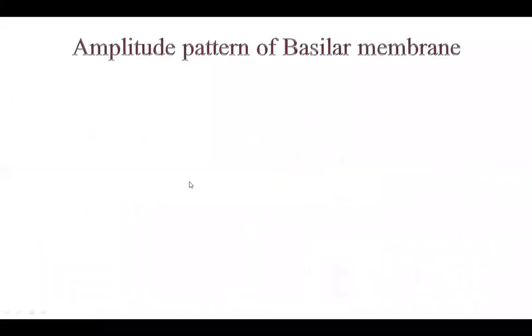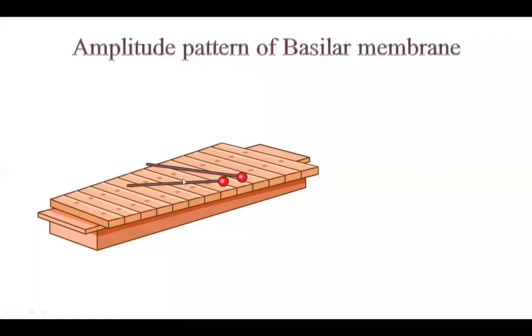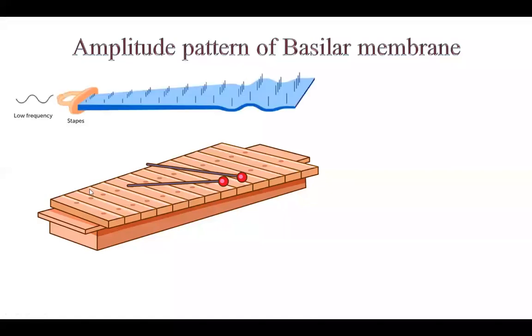Now let us see the amplitude pattern of the basilar membrane. Compared to the xylophone, the long bar means long wavelength, low frequency, and similarly at the apex you will have low frequencies to which the basilar membrane will respond.